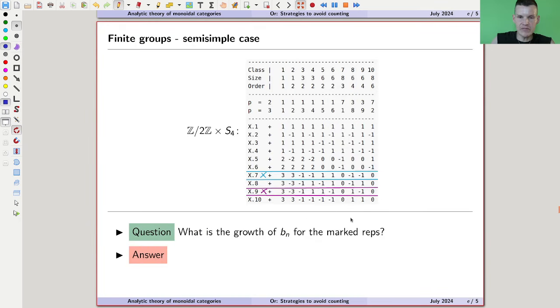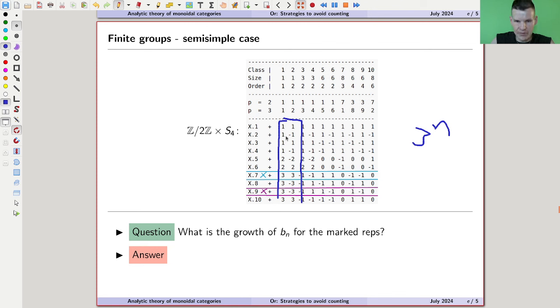Anyway, so let's try it. Let's say we have this character table here. And what is the growth rate for the marked representations? Here, I haven't explained the blue one, so let's skip the blue one, but let's do the purple one. Well, the purple one has a 3, so we have a 3 to the n, definitely. And it has a -3, so you need to take this column sum and the other column sum.